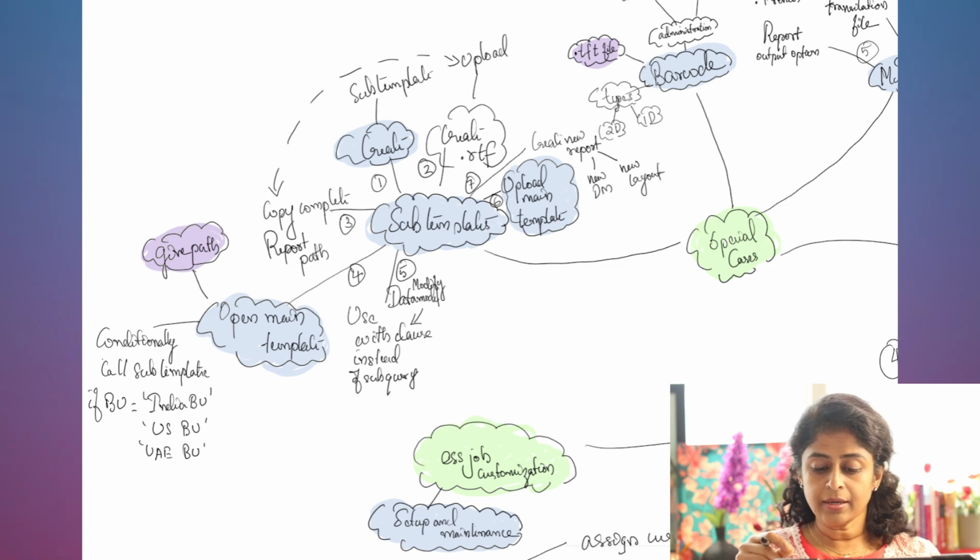In the main template, use BI Publisher's import syntax to embed the subtemplate. You can even call subtemplates conditionally, for example, different headers for business units in India, US or UAE. For better query performance, consider using the WITH clause instead of nested subqueries in the data model.